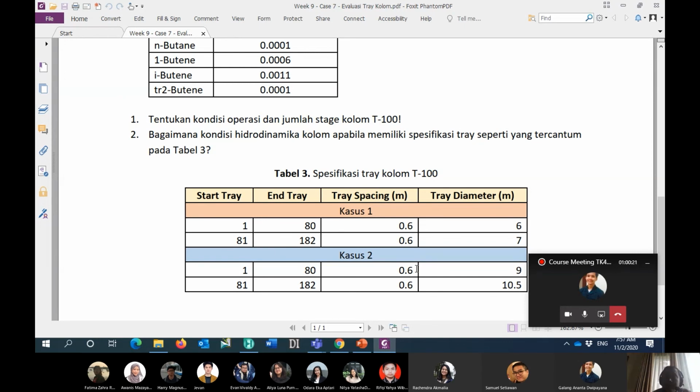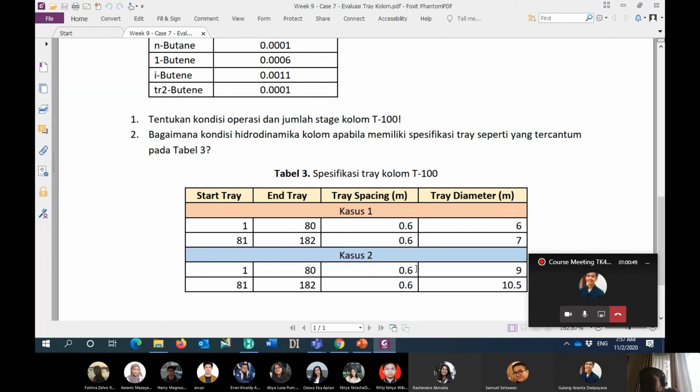In general, for the design, the tray spacing is maintained around 0.5 or 0.6 meter. But for case number 2, the tray diameter is different: 9 meters for the enrichment section and 10.5 meters for the stripping section.